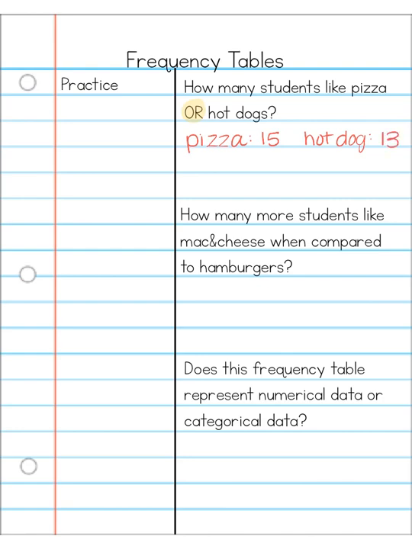Since I want to know how many students were in both of those categories altogether, I'm going to have to add them up. So 15 plus 13. 5 plus 3 is 8. 1 plus 1 is 2. So there were 28 students who liked pizza or hot dogs.